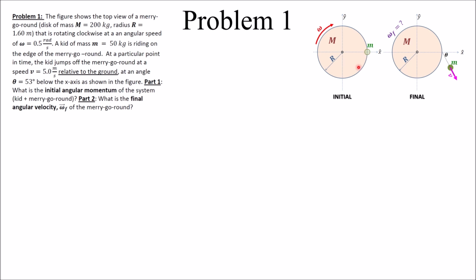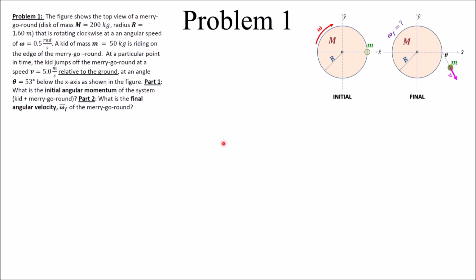At a particular point the kid will jump off, moving at a speed v of 5 meters per second relative to the ground, at an angle of 53 degrees below the x-axis. For part 1, we want to know the initial angular momentum of the system. For part 2, we want to know the final angular velocity of the merry-go-round.